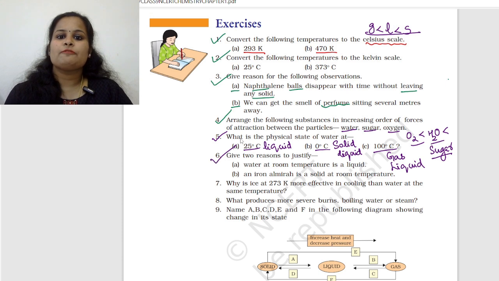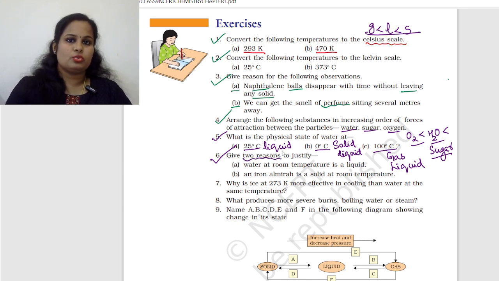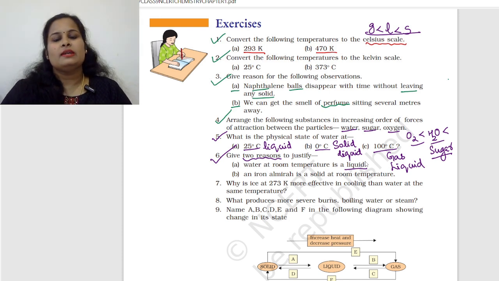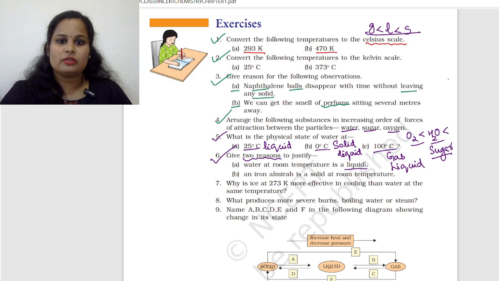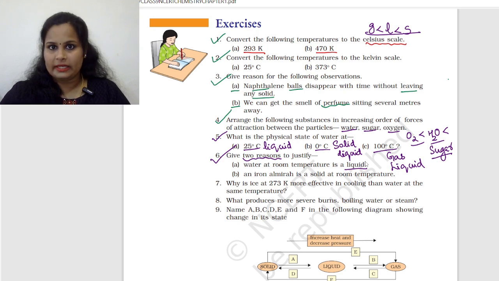Now the next question: give two reasons to justify that water at room temperature is a liquid. We have ample reasons to justify that water at normal room temperature is liquid. In two important points, we can say the boiling point of water is 100 degrees Celsius, right?